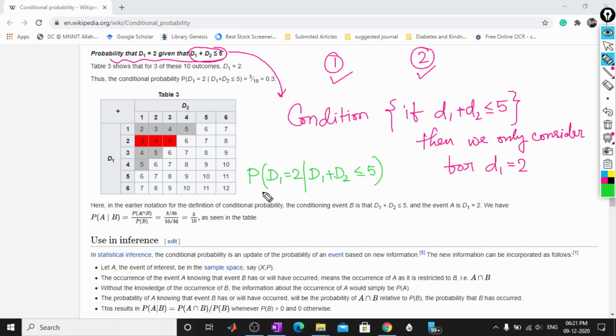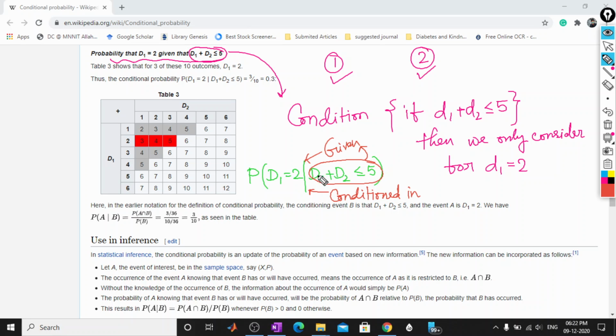This sign means, as we have already learned, given, that this portion has already happened. In another language, this means conditioned on, or already happened, or conditioned.